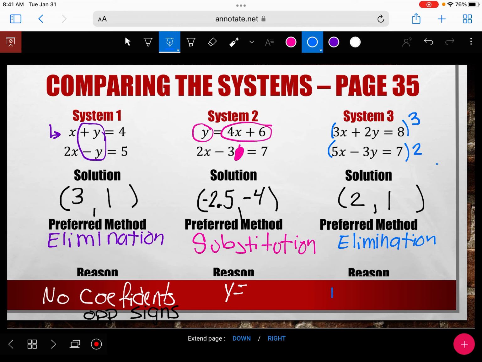We have too many coefficients here to make substitution likely. So too many coefficients to make substitution really easy. But our elimination, or linear combination, will work when we have just about anything in standard form.